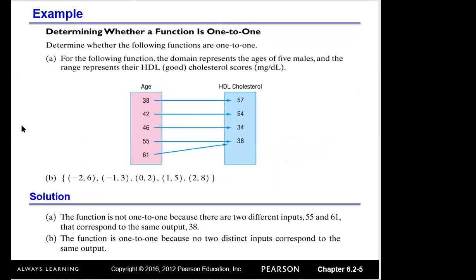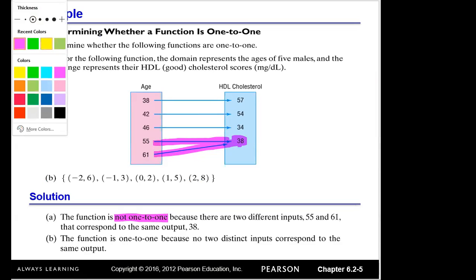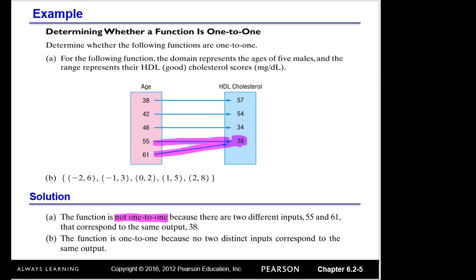So 2 examples, determine whether it's 1 to 1. I can see right here that both the 55 and the 61 share a 38. So part A is not 1 to 1 because there are 2 different inputs for the same output. And then part B wants to know, is this 1 to 1?